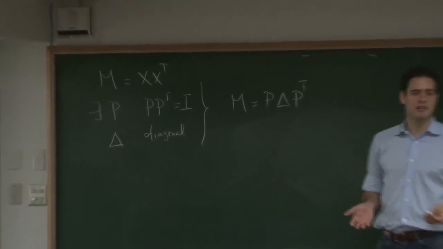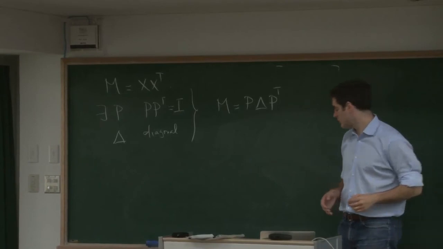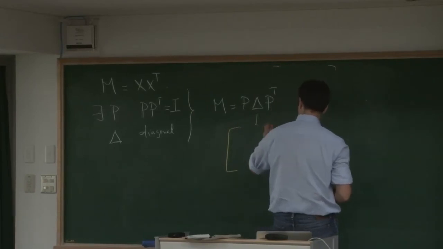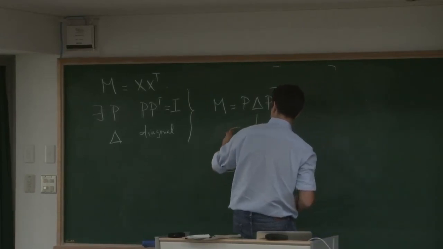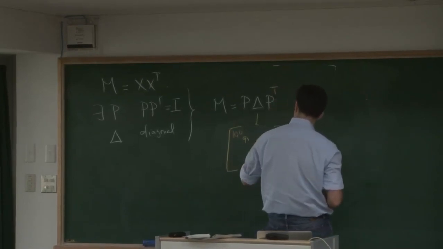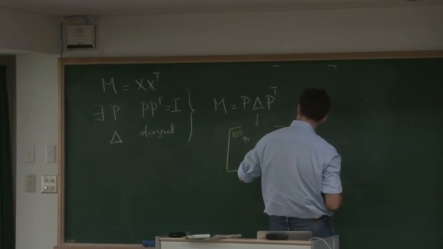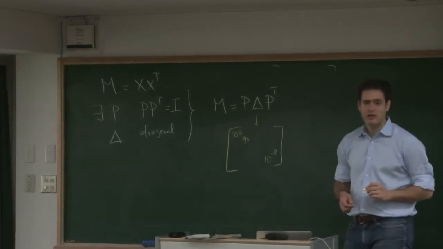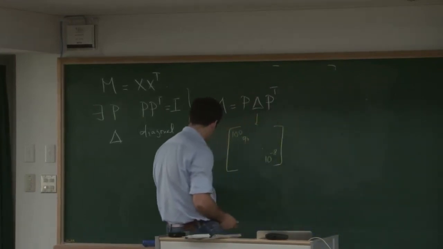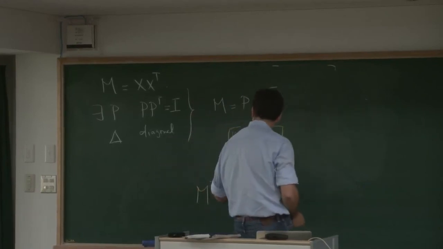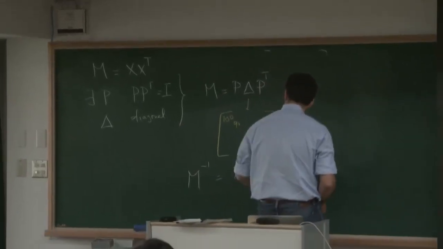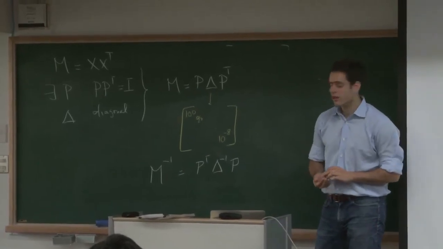So this is just matrix diagonalization, right? Suppose that this matrix delta is such that, for instance, the first eigenvalue is 100, and then 90, and then here you have 10 to the power minus 8. Well, if you want to invert this matrix, then the inverse would just be P transpose delta inverse P. And what is delta inverse?